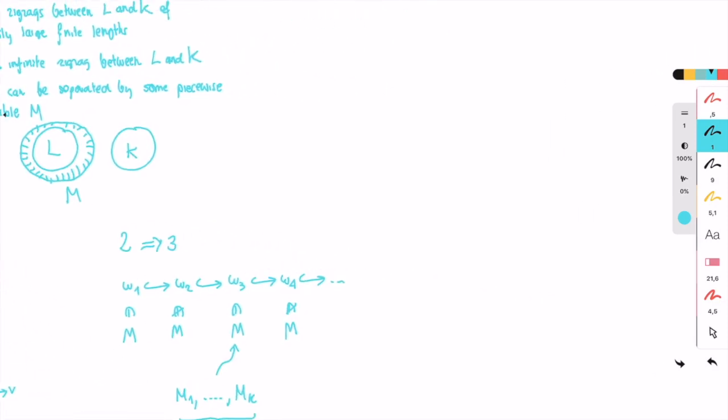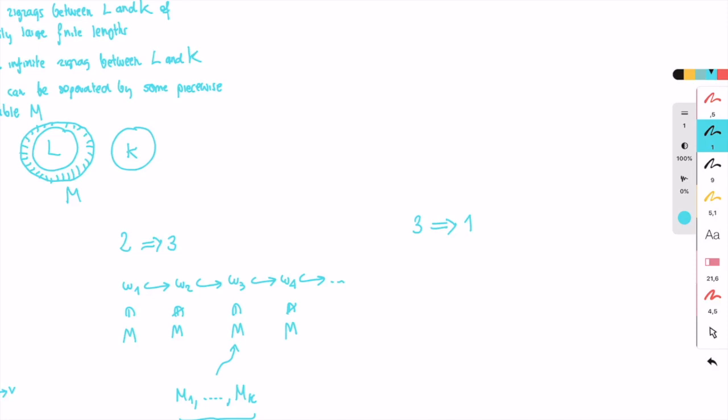And now let's prove 3 implies 2, implies 1, which is that if you cannot be separated by a piecewise set, then there are zigzags of arbitrarily large finite lengths.